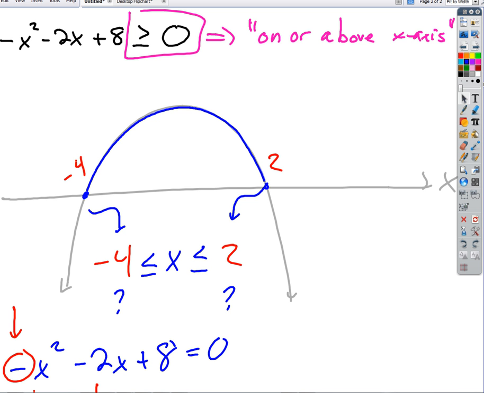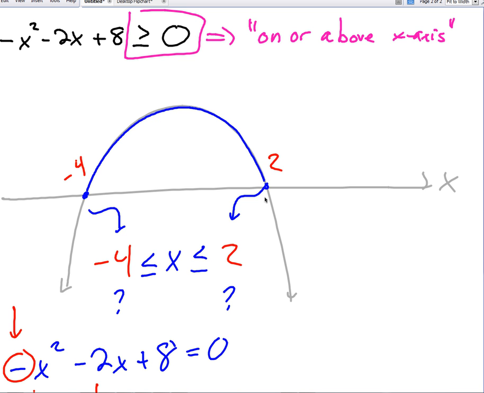Everybody agree? I still need to know that I'm looking for the parts that are on or above the x-axis. So I would still want to find those x values, but I'd have the advantage of being able to ask the calculator what each x-intercept is. And then I would just know that it's all the values on or between.